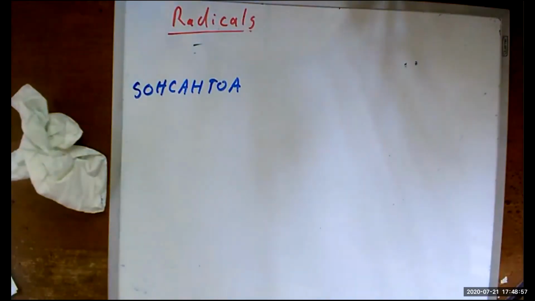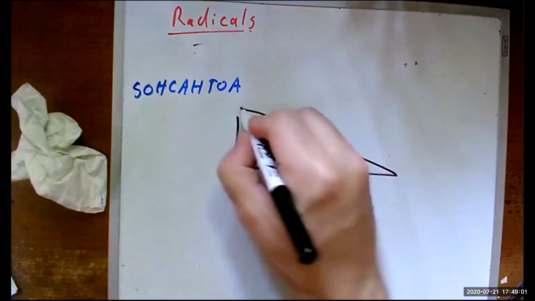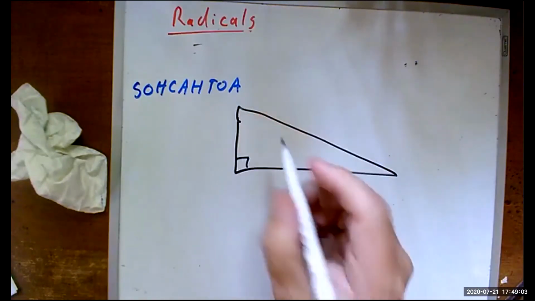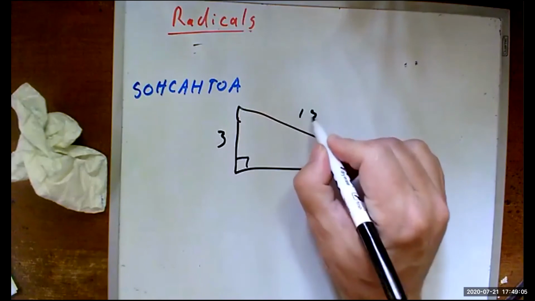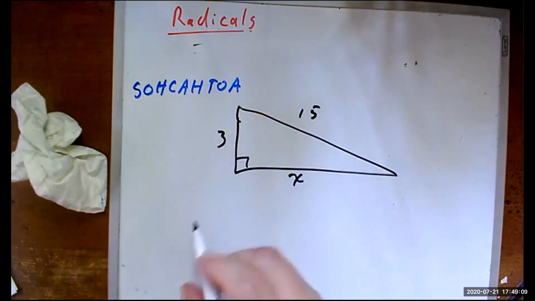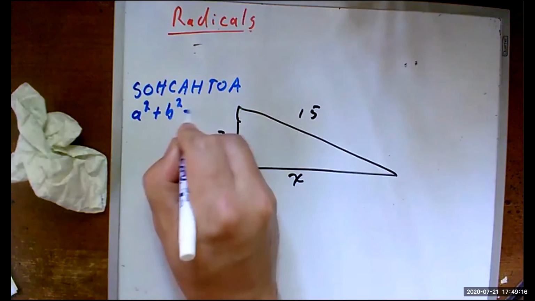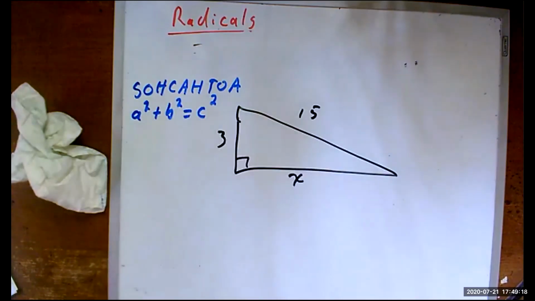Last thing to show you on all of this goes with the Pythagorean theorem. I'll do a quick example. We can now continuously have exact answers when we're doing something like this. So we're given a triangle, 3, 15, some unknown.